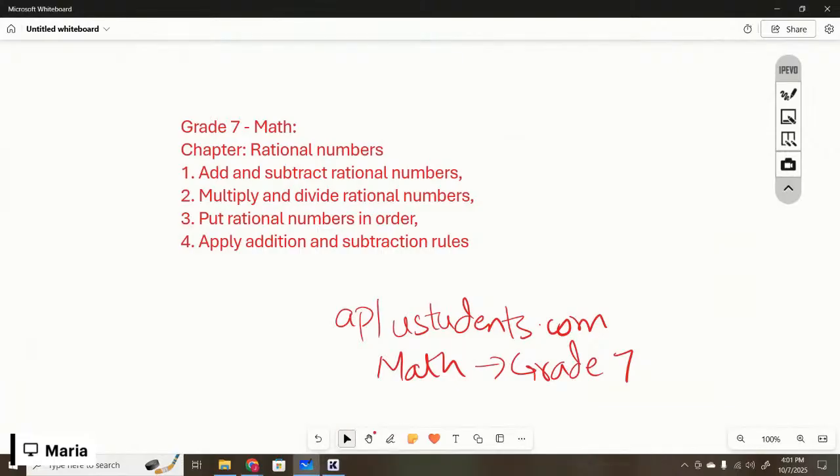The lessons we're going to cover today are add and subtract rational numbers, multiply and divide rational numbers, put rational numbers in order, apply addition and subtraction rules.